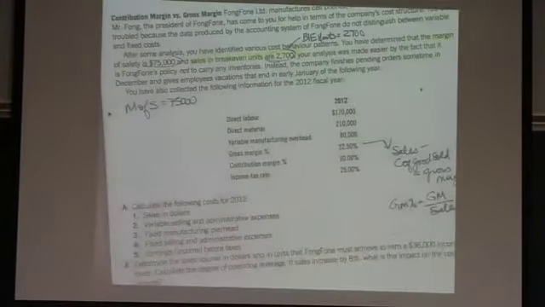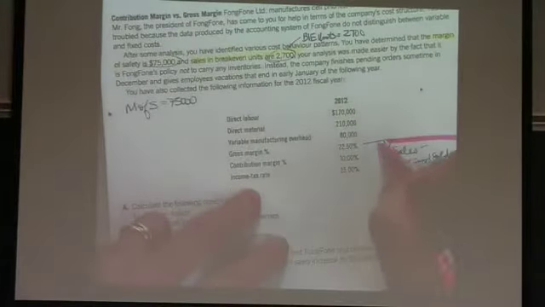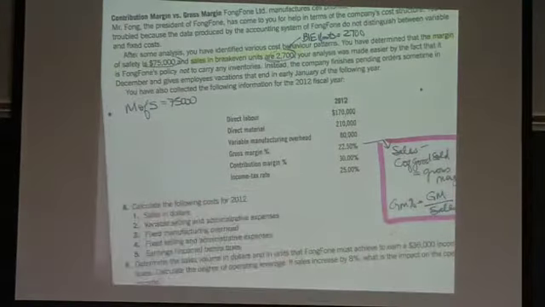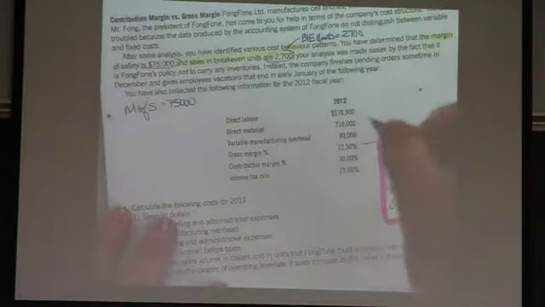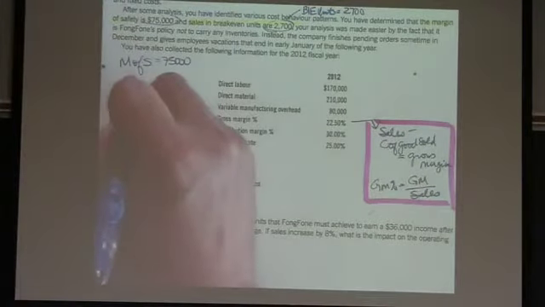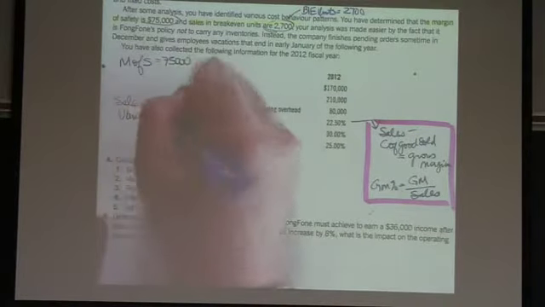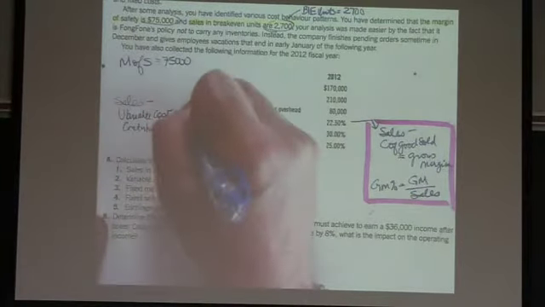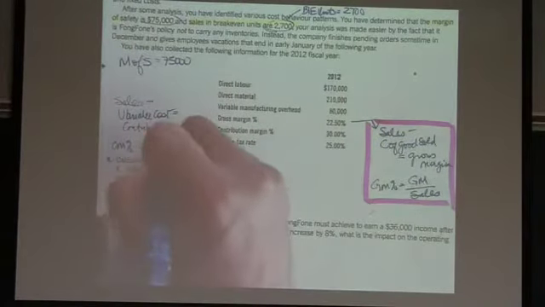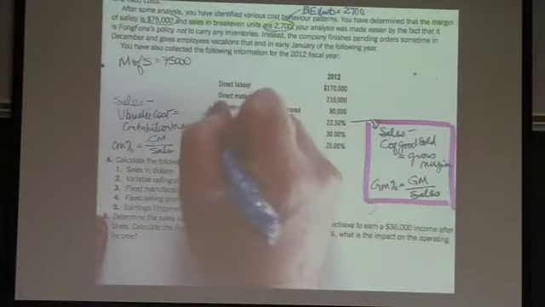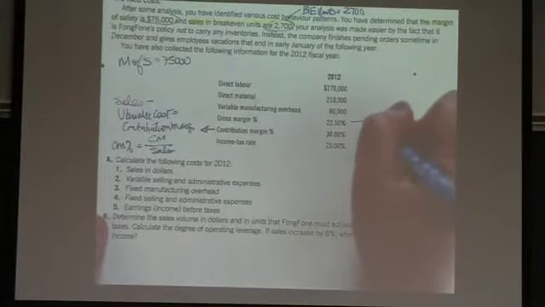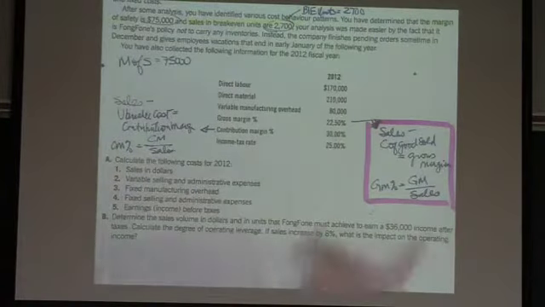Contribution margin, let me put a little square beside that, is sales less variable cost. That gives you contribution margin, and contribution margin percent is CM divided by sales. I'm going to put a box beside that too.